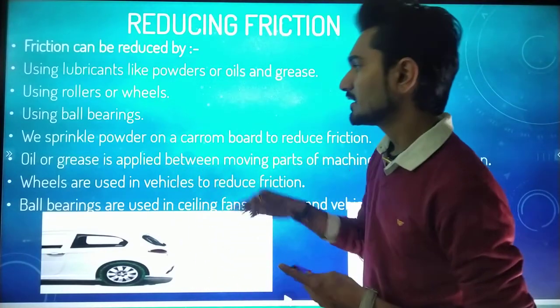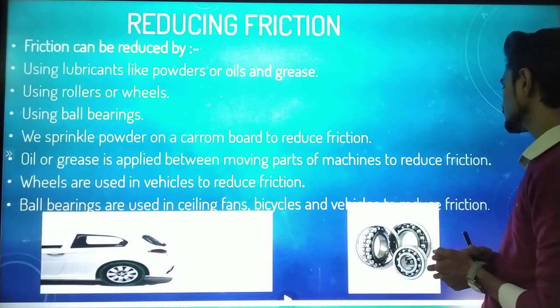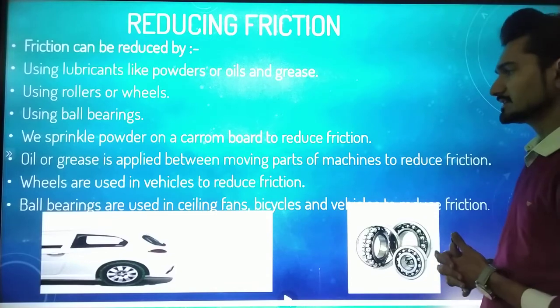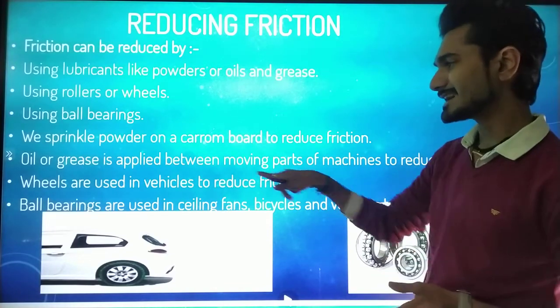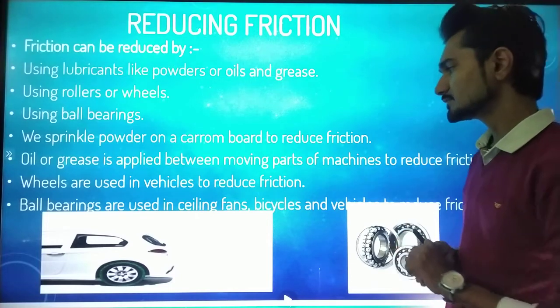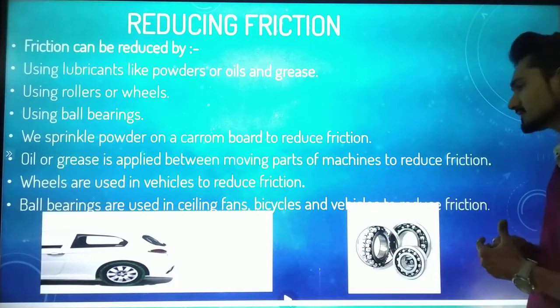Oil or grease is applied between the moving parts of machines to reduce friction. Wheels are used in vehicles to reduce friction. Ball bearings are used in ceiling fans, bicycles and vehicles to reduce friction.